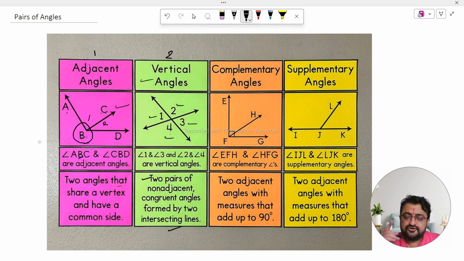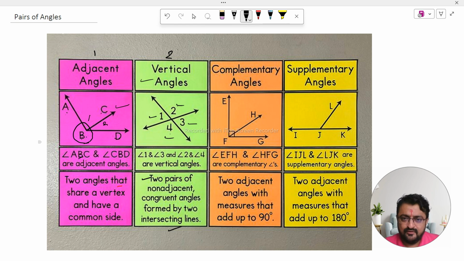Because 1 and 3 are an opposite pair and those are equal angles, and angle 2 and angle 4 are another pair of opposite angles, meaning vertical angles, and that is also congruent. Sir, what is the meaning of congruent? Congruent means if two angles have the same measurement, then those are called congruent angles.